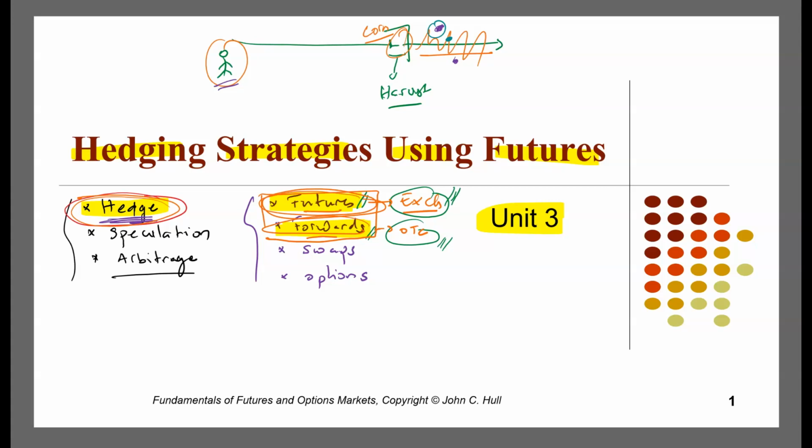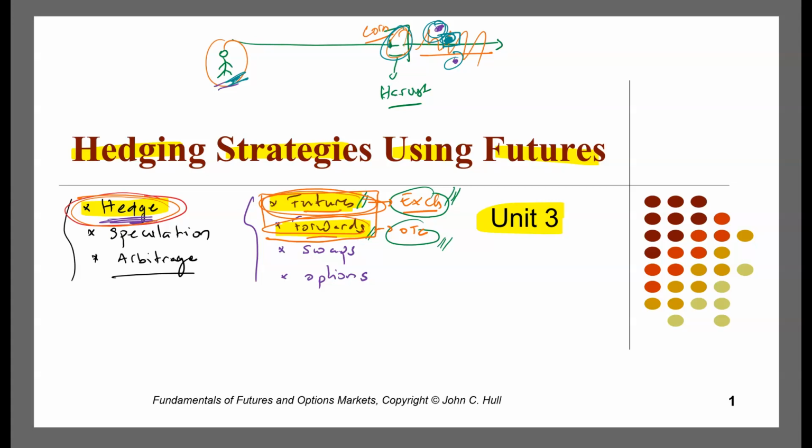Not too high, not too low, at a fair price for the farmer, so that the farmer is satisfied, but also that guarantees the sale. So there's uncertainty with respect to the price of corn, but there's also uncertainty with respect to the ability of the farmer to make that sale at some point in the future. And hedging allows the farmer to take away that uncertainty and in turn guarantee that future price.